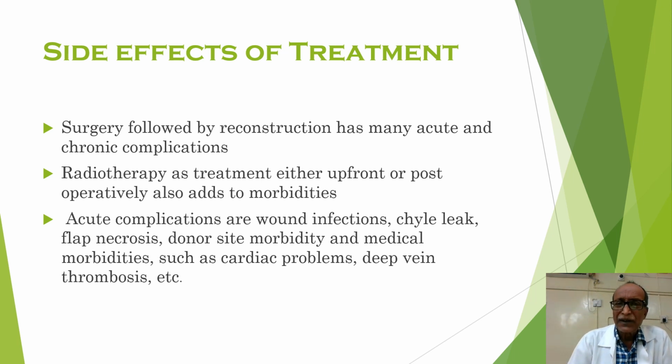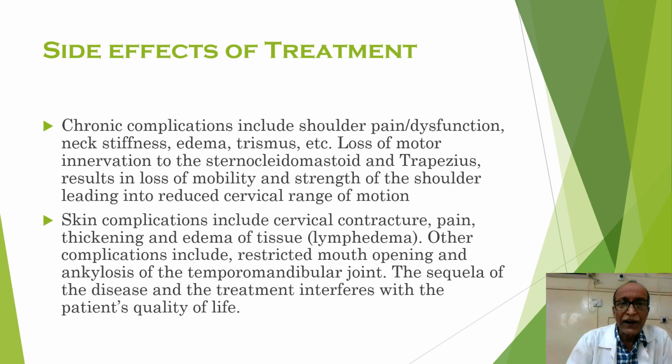Medical problems also occur, like cardiac problems, deep vein thrombosis, etc. And chronic complications, which should matter to us more, include shoulder pain or dysfunction, neck stiffness, edema, trismus, and loss of motor innervation of the sternocleidomastoid and trapezius muscles because of the surgery or radiotherapy. Then skin complications include cervical contracture, pain and thickening, and edema of the tissue. Other complications will be shown in the next slides.